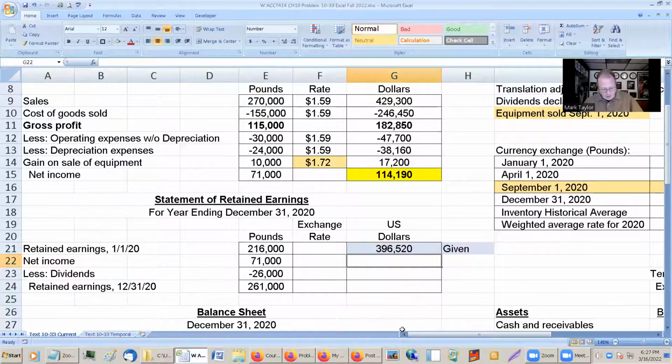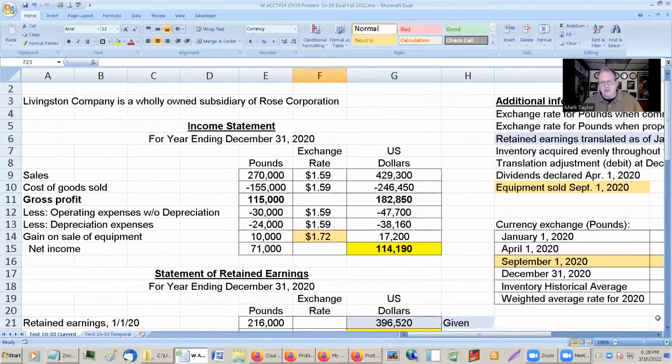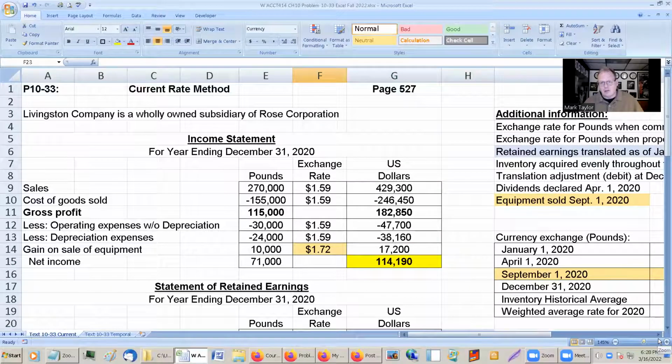All right, income we already have. Dividends. Dividends declared on April 1st.